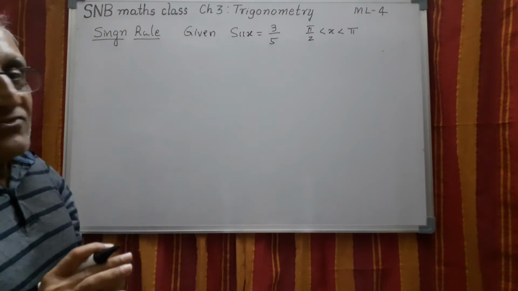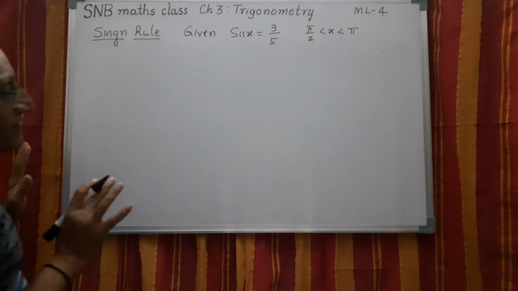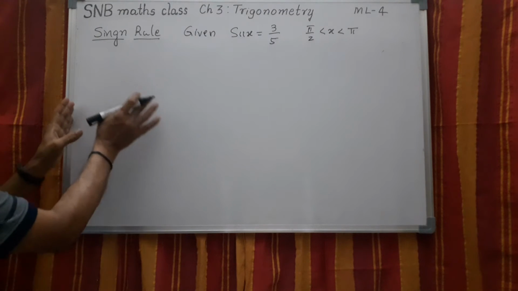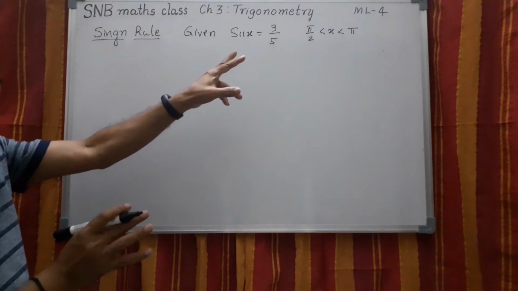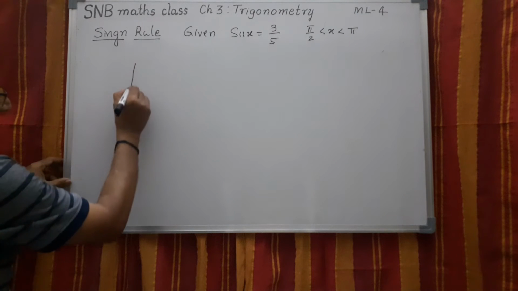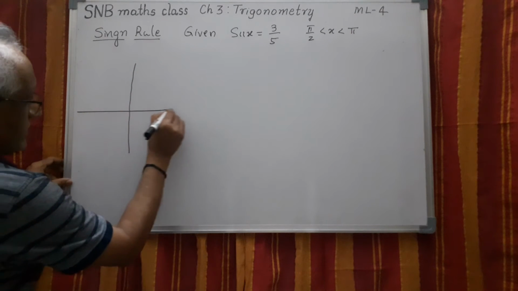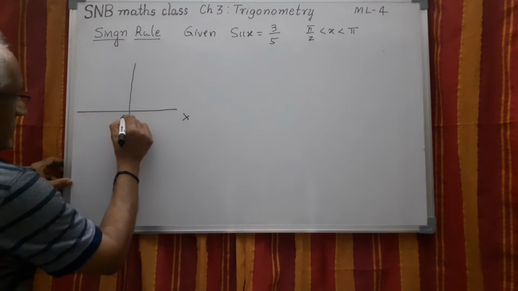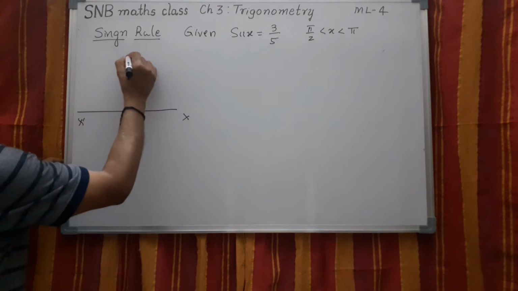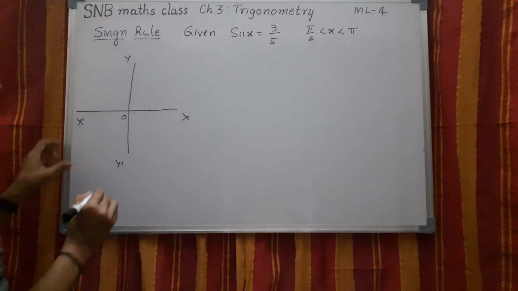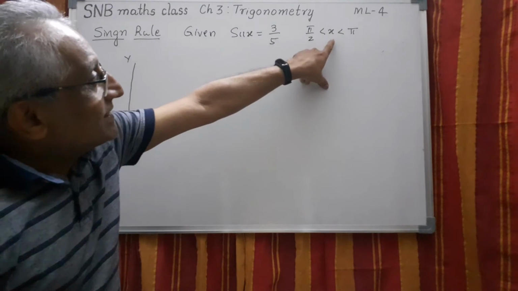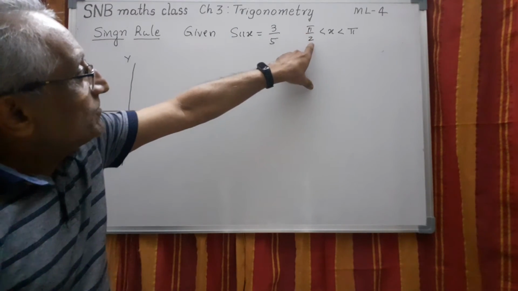What is the procedure of doing this? The best method is the way I have shown here. First you take the diagram like this: x, then origin, x dash, then y dash. Here x lies between pi by 2 and pi.